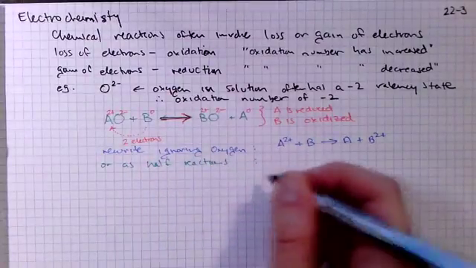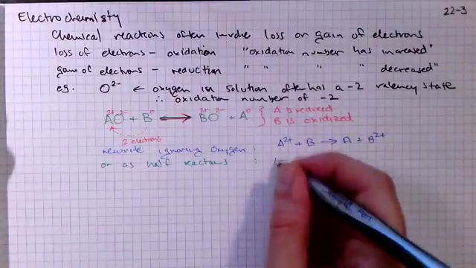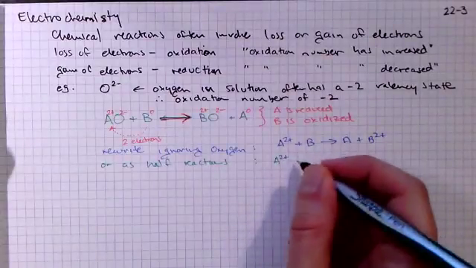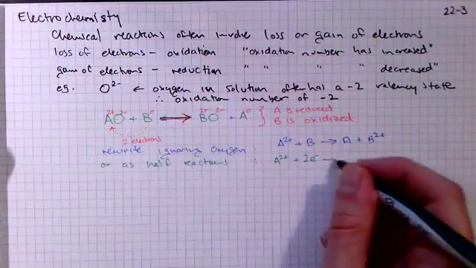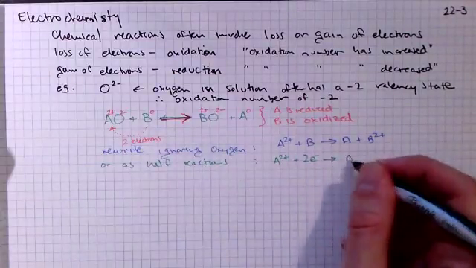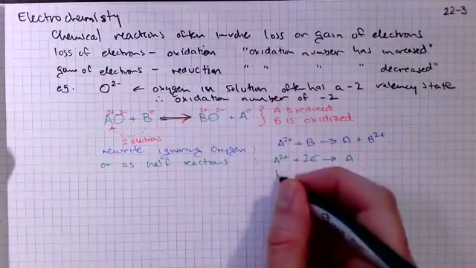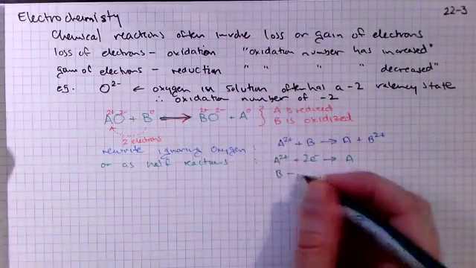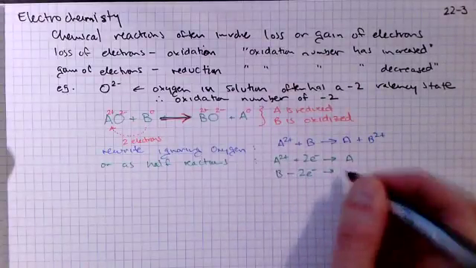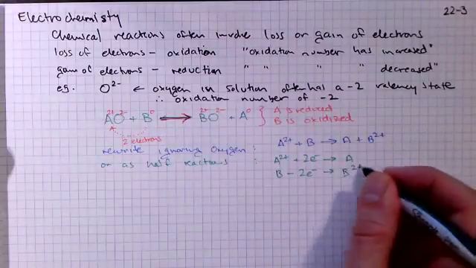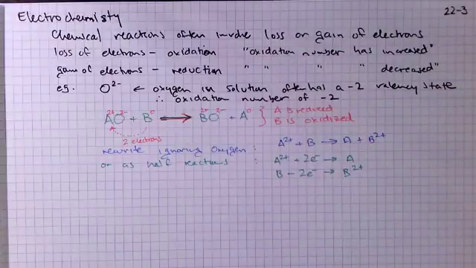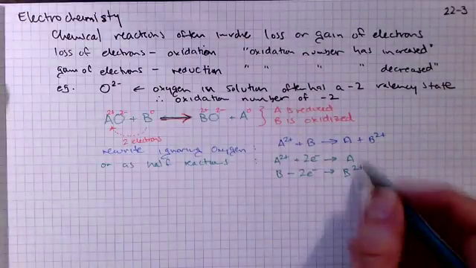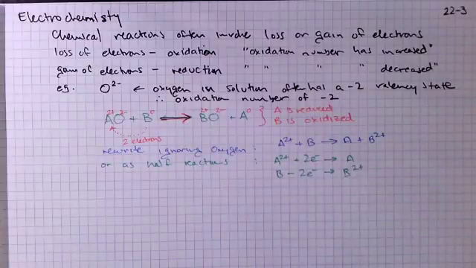That is, we could explicitly say that we have A2+ combining with 2 electrons that have been stolen from the B to create A, and we have B, which is losing 2 electrons to become B2+. All of those are equivalent ways of talking about the same process, but here we're writing them in terms of two half reactions.